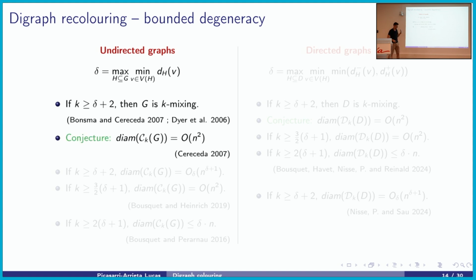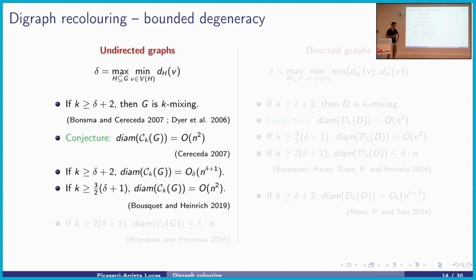And Cereceda made a celebrated conjecture that not only with this number of colors G must be k-mixing, but also the diameter should be bounded by a quadratic function in the number of vertices of G, and this is still open. And the best results towards this conjecture are due to Bucske and Heinrich, who proved that first we have a polynomial bound in the number of vertices when the degeneracy is fixed.